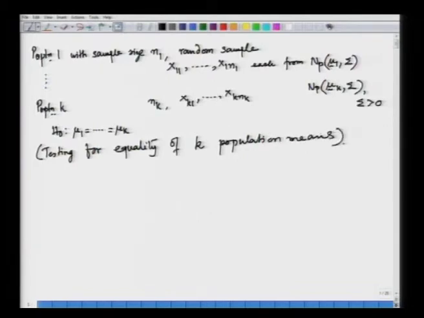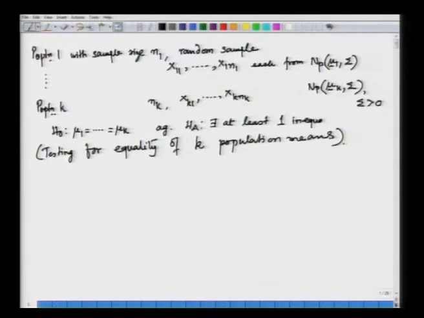Obviously, the ith population is p-dimensional multivariate normal with mean mu i and covariance matrix sigma. The null hypothesis is being tested against the alternative that H naught is not true, which is nothing but there exists at least one inequality.